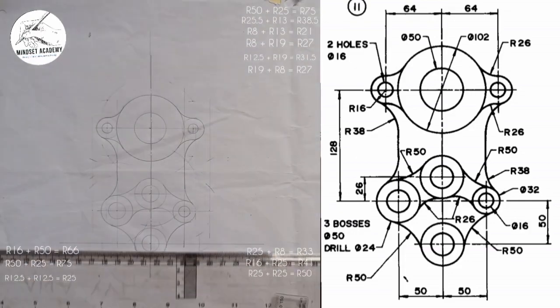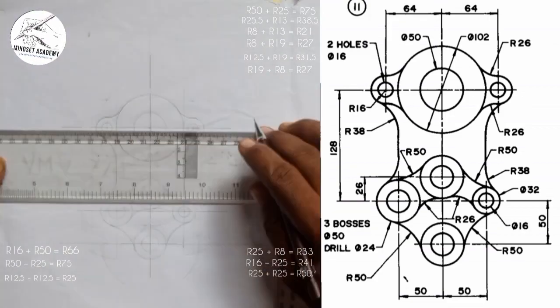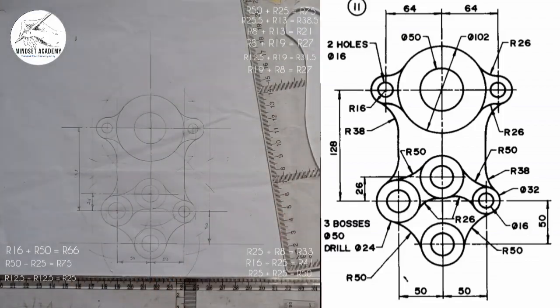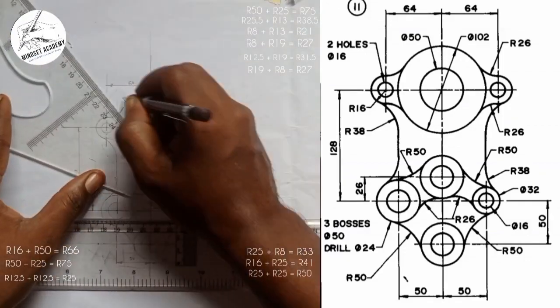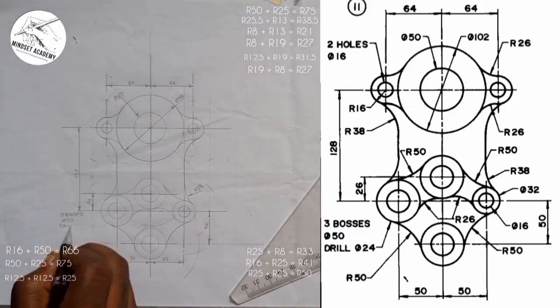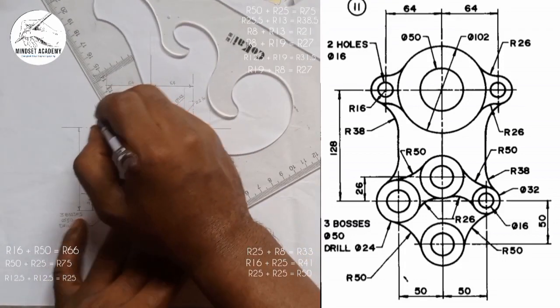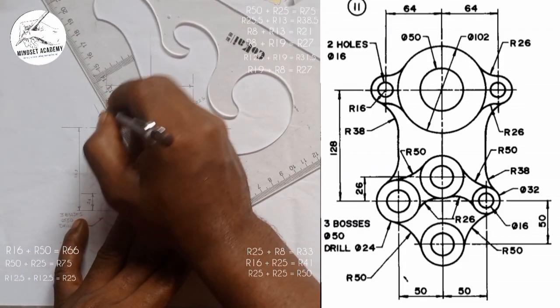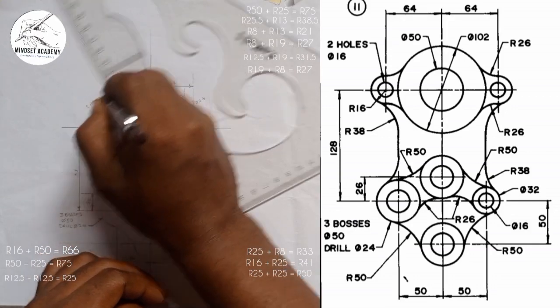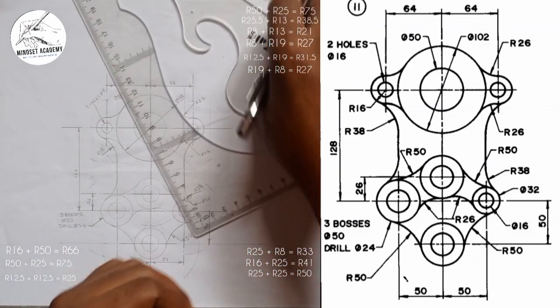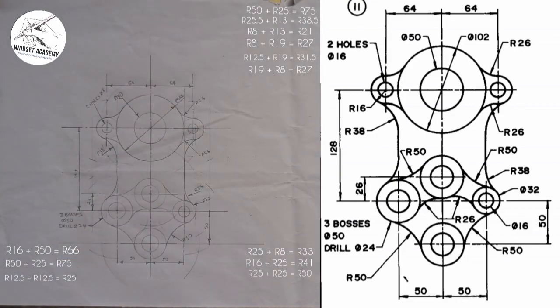Then the next one should be this. Two holes. Diameter 15. So we have that, and we move forward. So this is what we actually have.